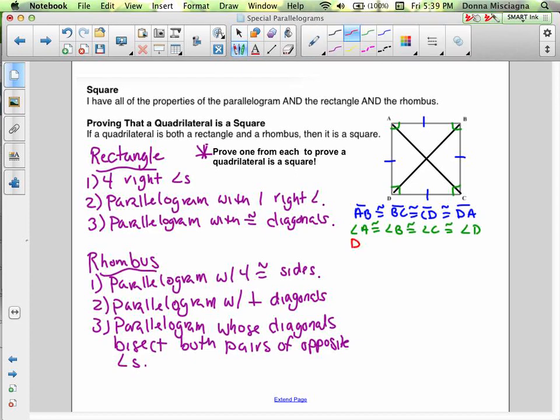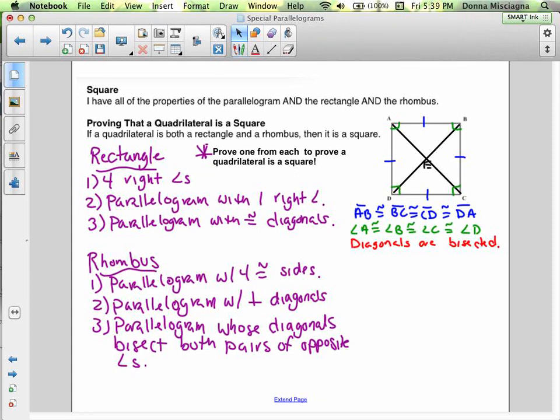We also know the diagonals are bisected. That is now E. So we know that, actually not only are they bisected, let me add one more thing. The diagonals are bisected and congruent.